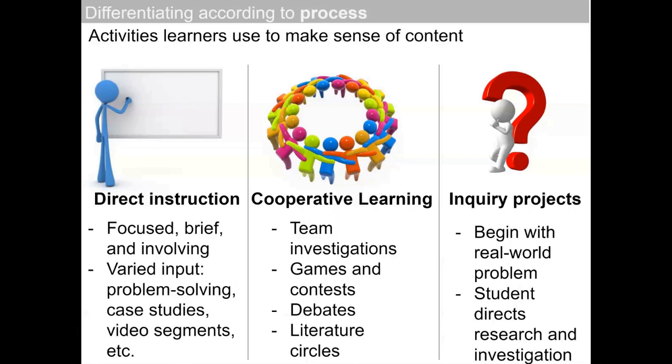Earlier, I mentioned that when you provide student choice in terms of content, you amplify motivation and feelings of autonomy and self-control. Those same benefits result when you provide options in terms of process.